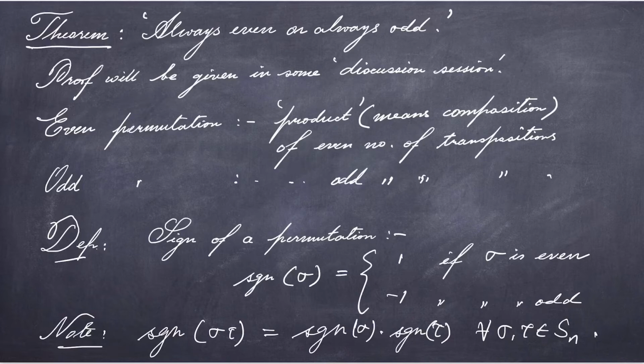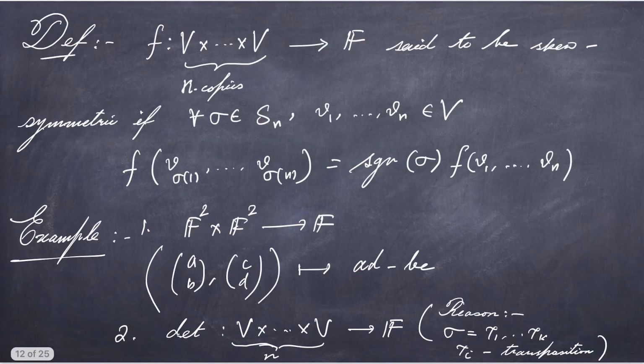Similarly for the other cases. And also it follows immediately that the sign of sigma is the same as the sign of sigma inverse, because the sign of the identity is 1, so sign sigma times sign sigma inverse, the product is 1. Therefore either both are +1 or both are -1. Okay, we will go ahead.